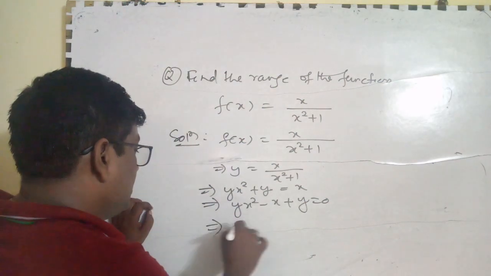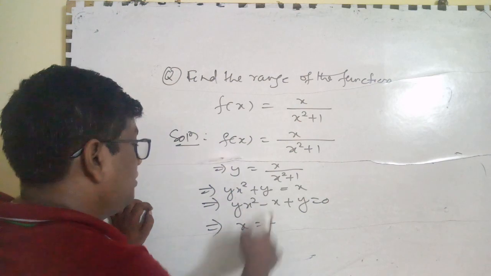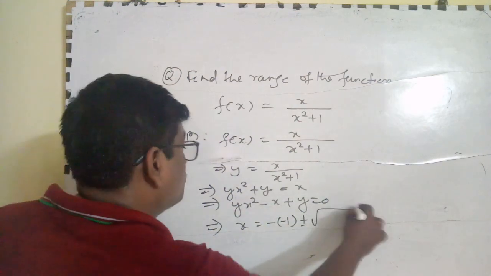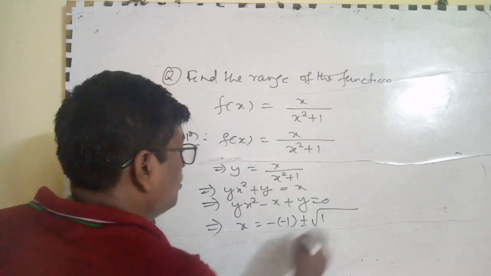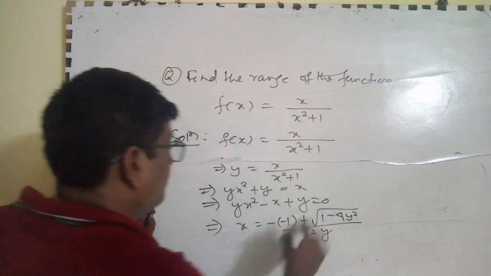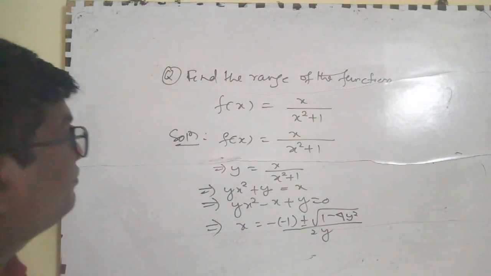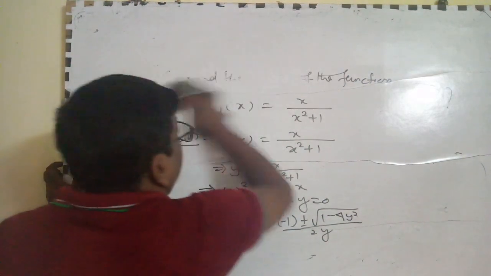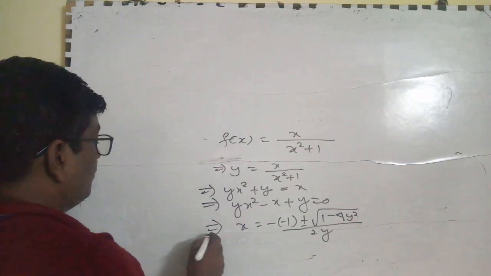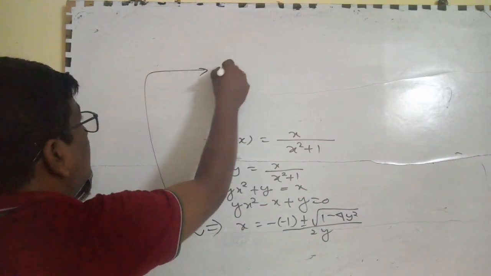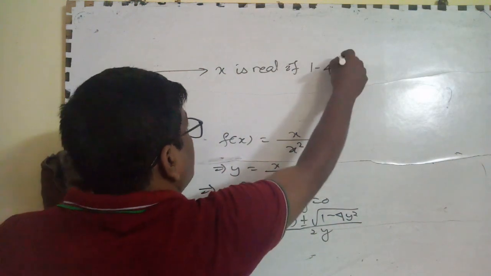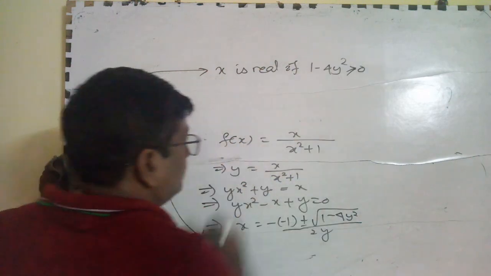That implies x is equal to minus b, means minus of minus 1, plus or minus root of 1 square minus 4 into y square, by 2y. x is real if 1 minus 4y square is greater than or equal to 0.